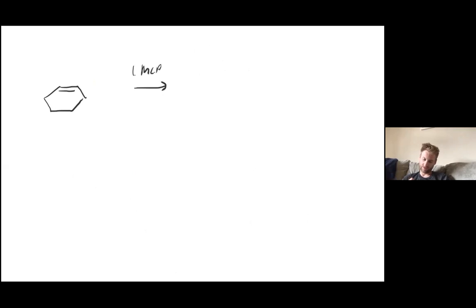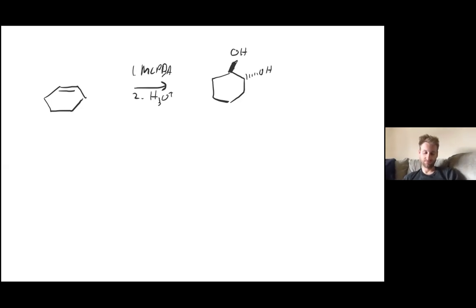This is back in chapter 8. It lets us make alcohols that are anti to each other.